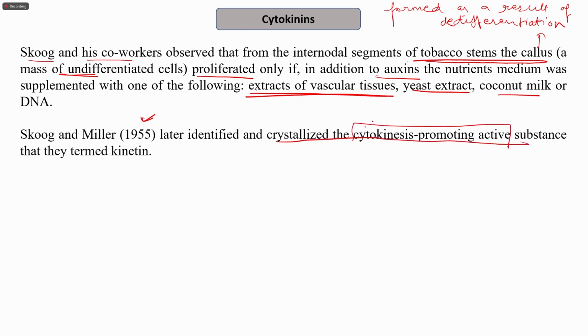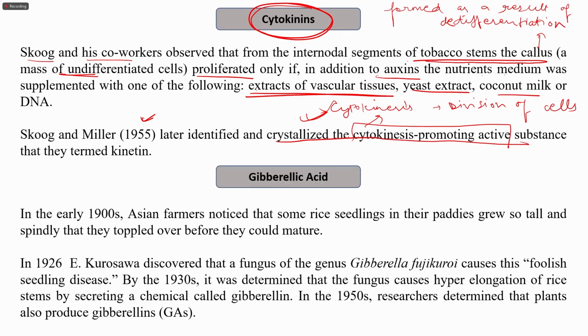Since this substance was promoting cytokinesis, meaning division of cells, they were named cytokinins. It was discovered by Skoog and Miller in 1955.